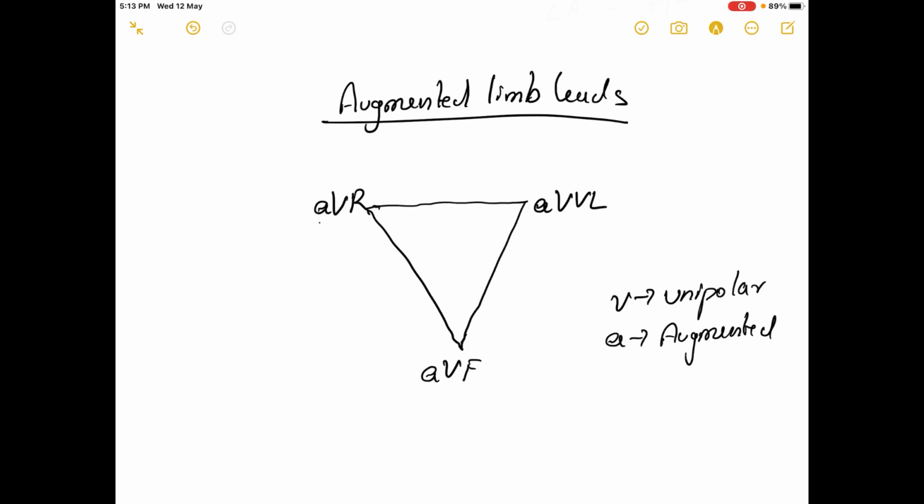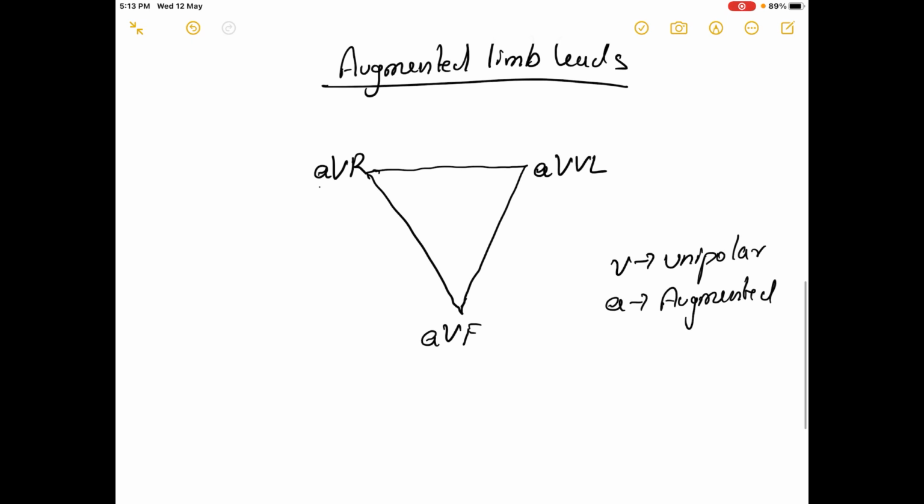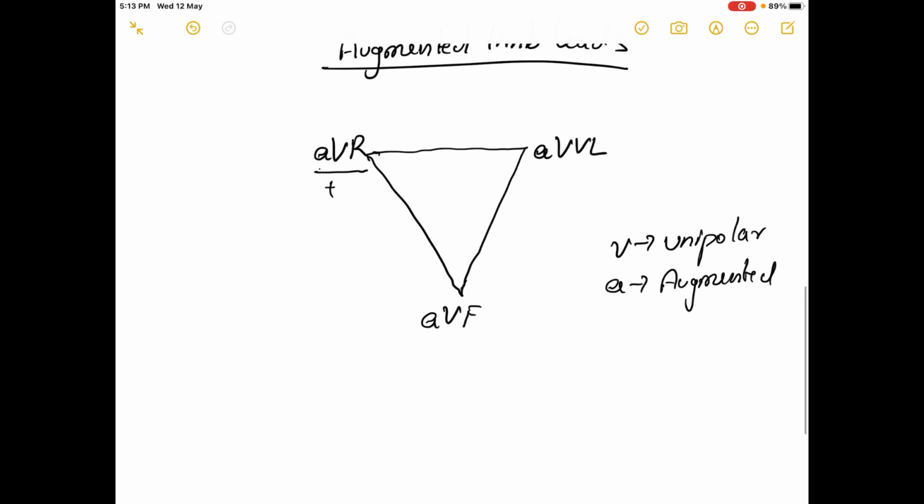At the right arm we get the positive terminal, and the potential difference is measured between the other two indifferent electrodes. For example, in AVR the positive terminal is connected to the right arm, and the electrical difference between AVL and AVF is calculated.